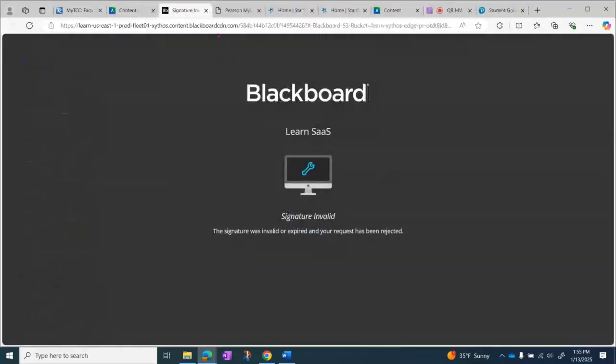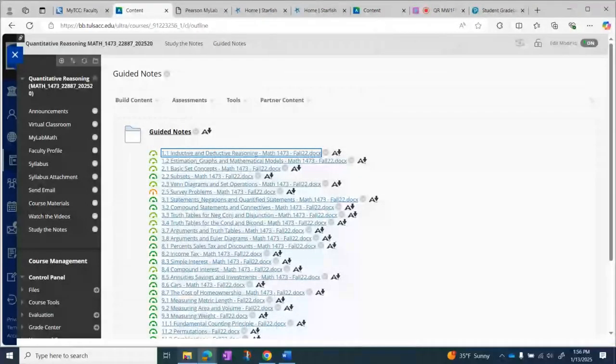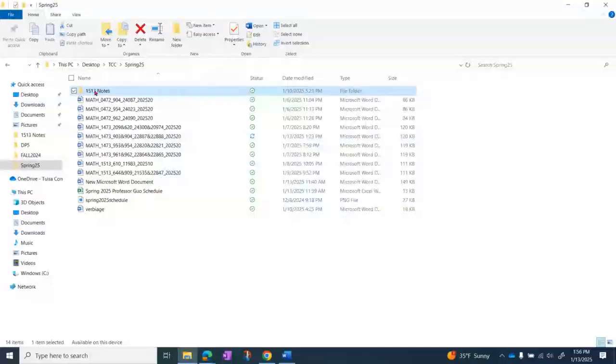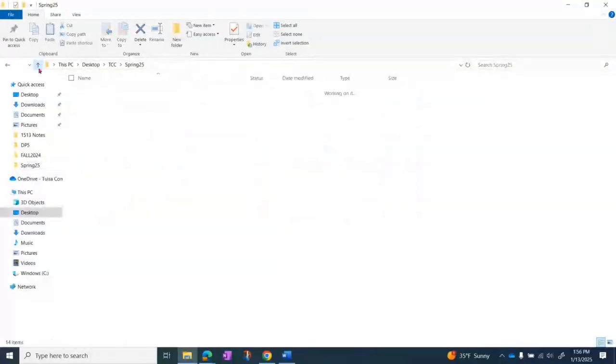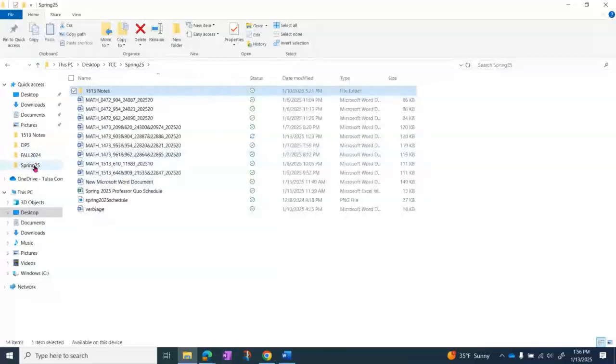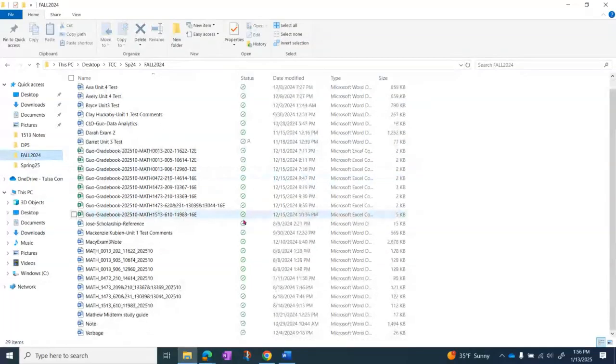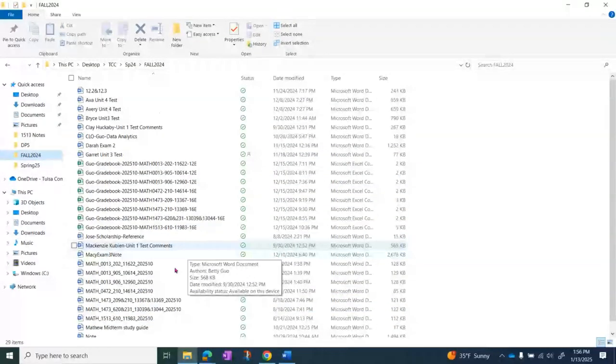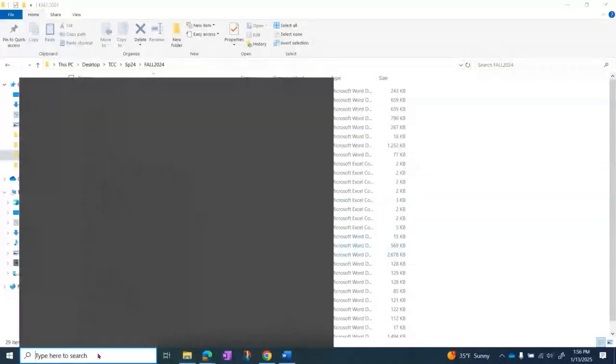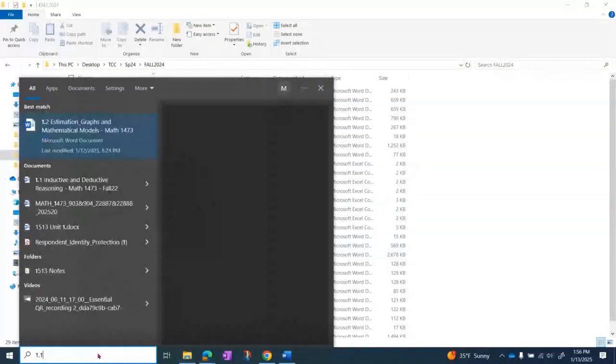I cannot download it now, so I'm going to find my file on my computer. I got the notes.